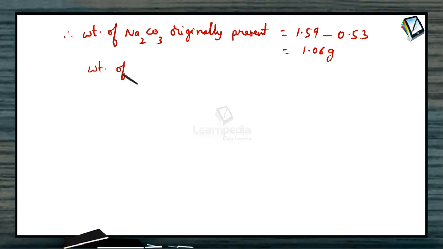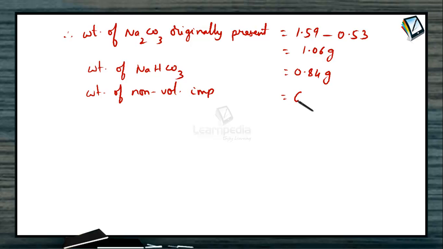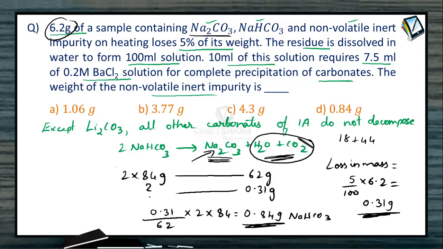And we already know the weight of sodium bicarbonate as equal to 0.84 grams. Then what will be the weight of the non-volatile impurity? It is the mass of the mixture minus the mass of sodium carbonate originally present and the mass of sodium bicarbonate originally present, and this value we get as equal to 4.3 grams. So our answer is option C.